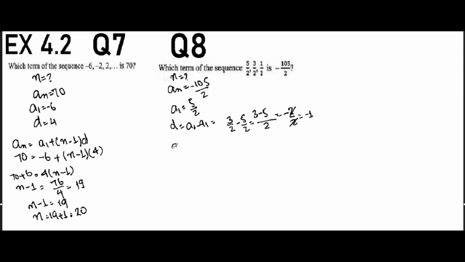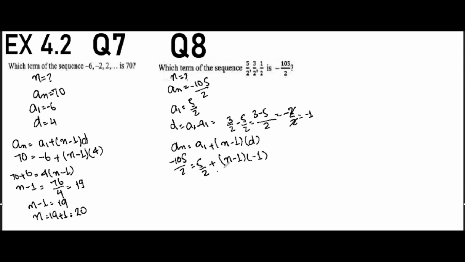Now use the formula an equals a1 plus (n minus 1) into d. So an is -105/2. We are going to place the values. a1 is 5/2 plus (n minus 1), d is -1.